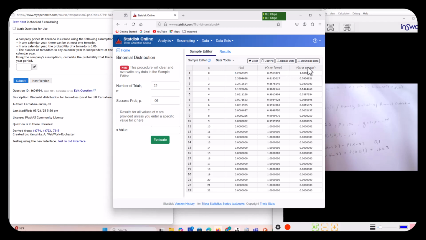We are looking at less than or equal to 1, right? Notice x is less than or equal to 1 is 0.6163. Exactly what I got from the TI.